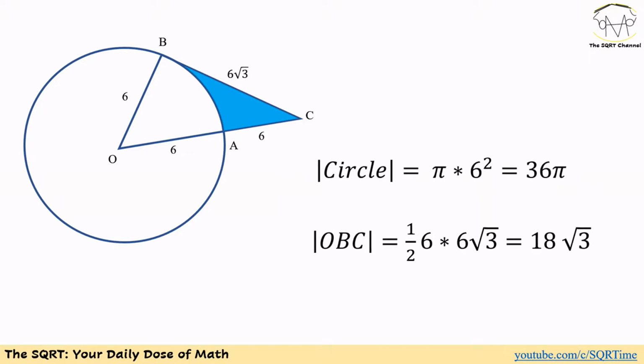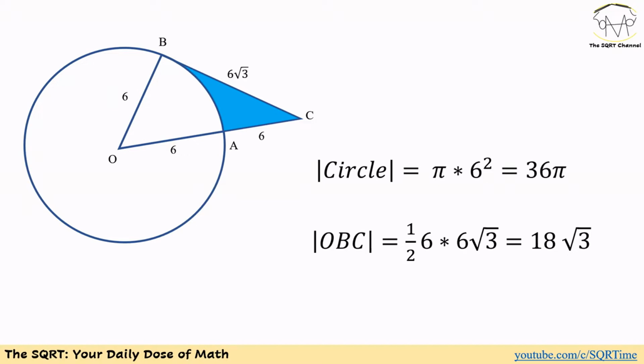Now that we know BC is equal to 6 square root of 3, we are going to find the area that we have for the circle first and then for the triangle. The area of the circle can be calculated as pi times the radius squared, which can be written as pi times 6 squared or 36 pi.